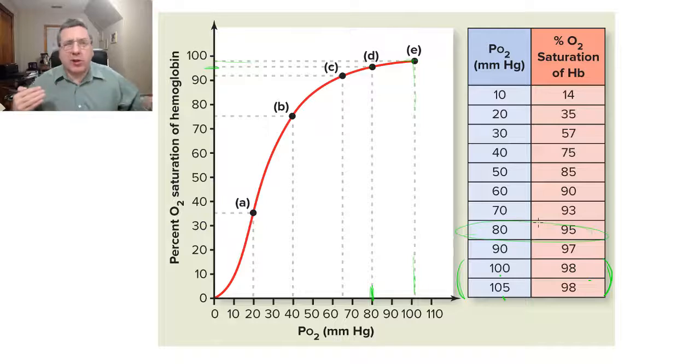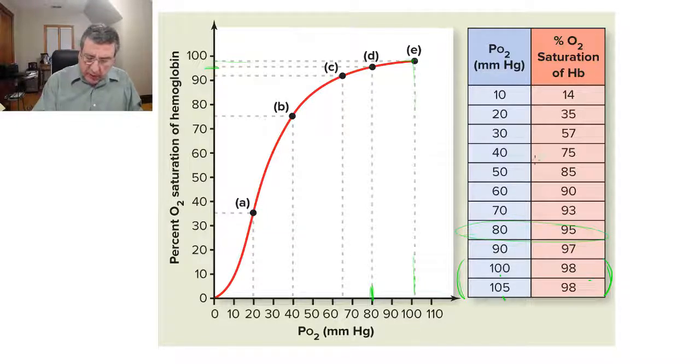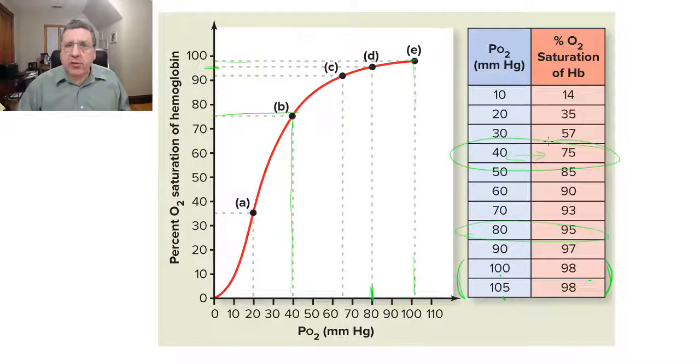So at the tissue level, we have too many numbers here. At the tissue or cellular level, the partial pressure of oxygen is 40 millimeters of mercury. And you can see at this point, 40 coming straight up is roughly 75% saturated. Well, now you ask yourself, why isn't the saturation even lower?